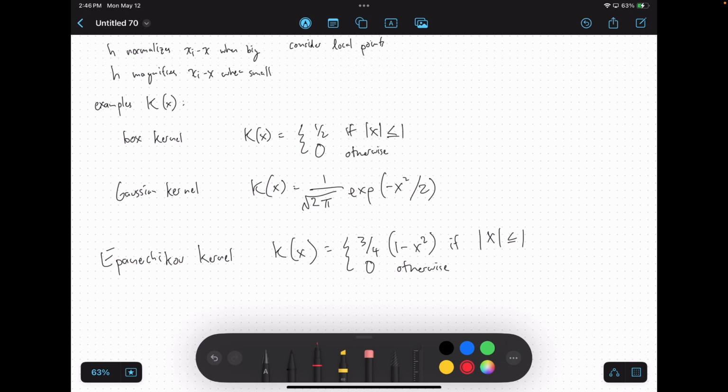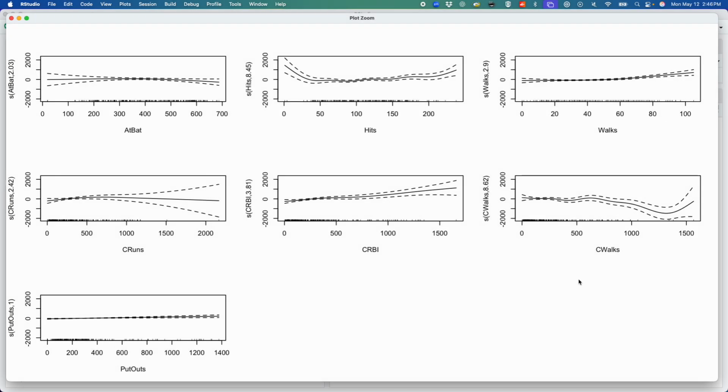Xi minus x is the distance of every other point from where you're looking at them from, like that dotted line you drew in the graph above, and h scales that distance before you throw it into these distributions, basically. Exactly. Yep. And that's why some of them are explicitly different if x is less than 1. No, wait, that'd be if h is less than 1. Sorry. It's okay.